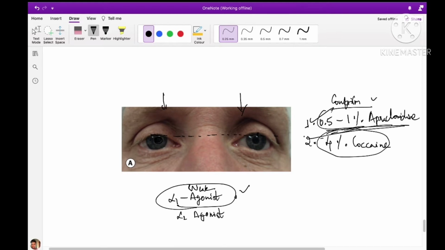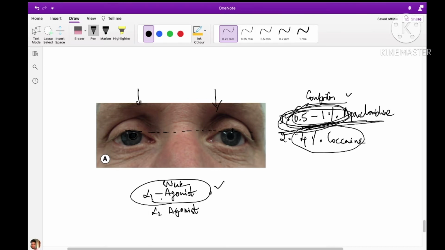And this is a very low concentration. So the mechanism, as I mentioned, is a weak alpha 1 agonist. Alpha 1 is present in the pupil, but it is weak, and also we are using a very low concentration.